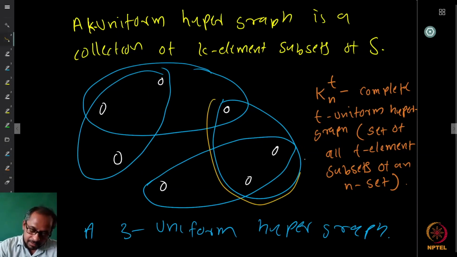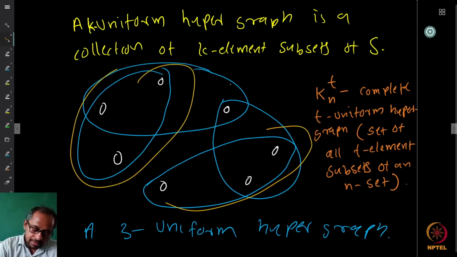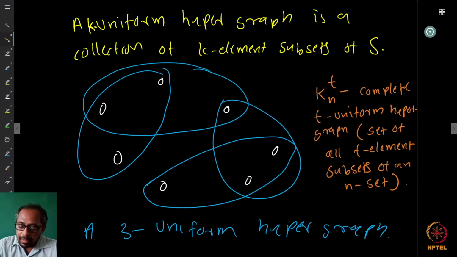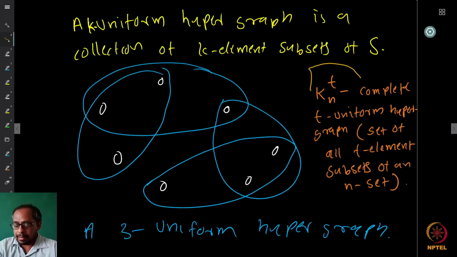So here is an edge, here is another edge, here is another edge, and then here is another edge. And when we have all possible 3-element subsets as edges, then it's called a complete t-uniform hypergraph. I denote it by K_n^t.